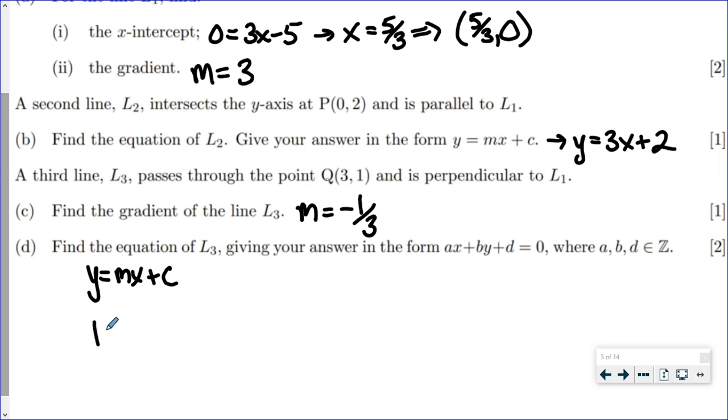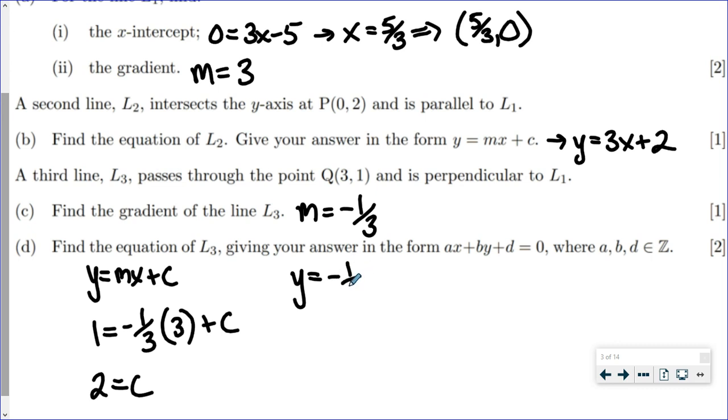So my y is 1, my m is negative 1/3, my x is 3, and then plus c. Of course, negative 1/3 times 3 is just negative 1. So if I add 1 to both sides, 2 is equal to c. So now I know that in slope-intercept form, my equation is y is equal to negative 1/3 x plus 2.